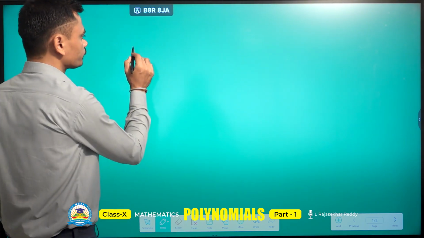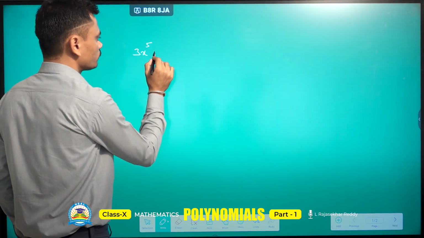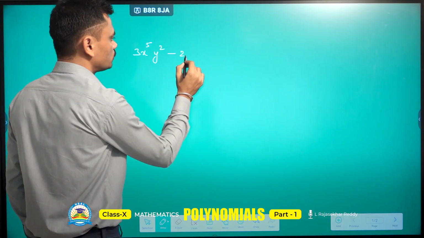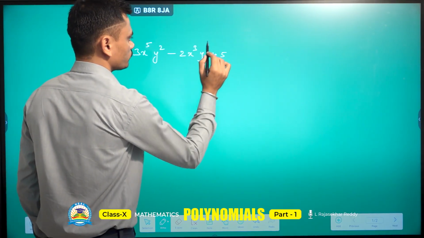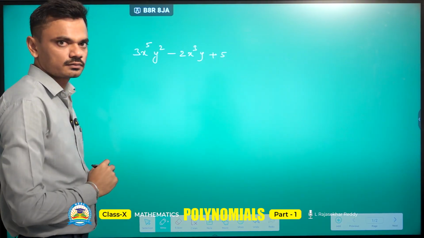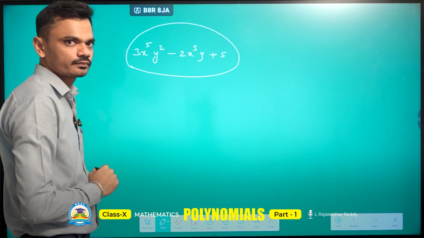One more question: find the degree of 3x power 5 y power 2 minus 2x cube y plus 5. See, I used two variables x and y here. So this is a polynomial in two variables.